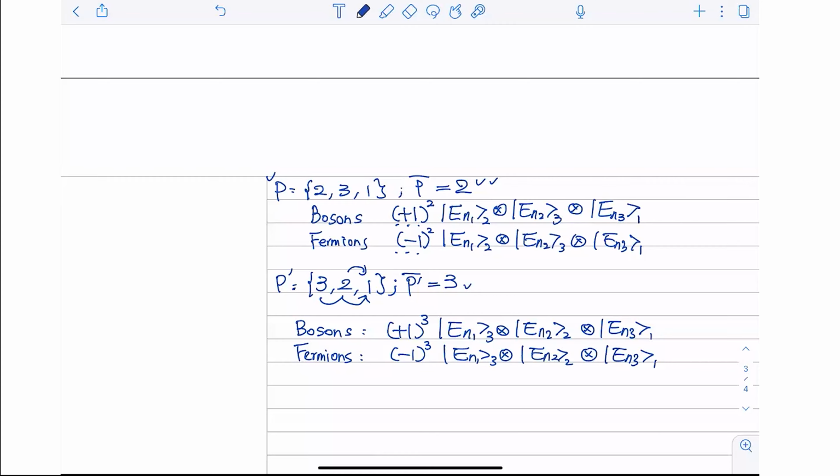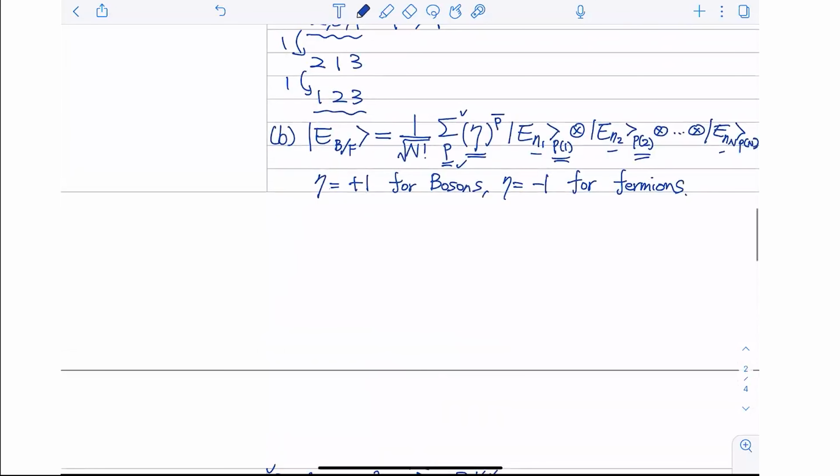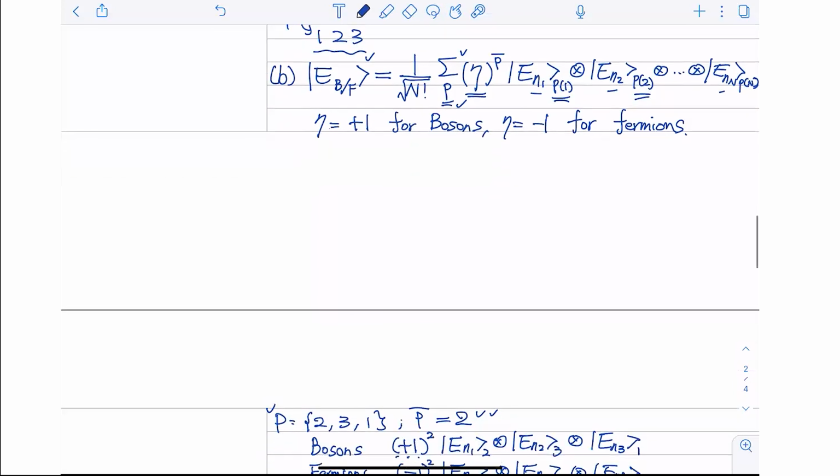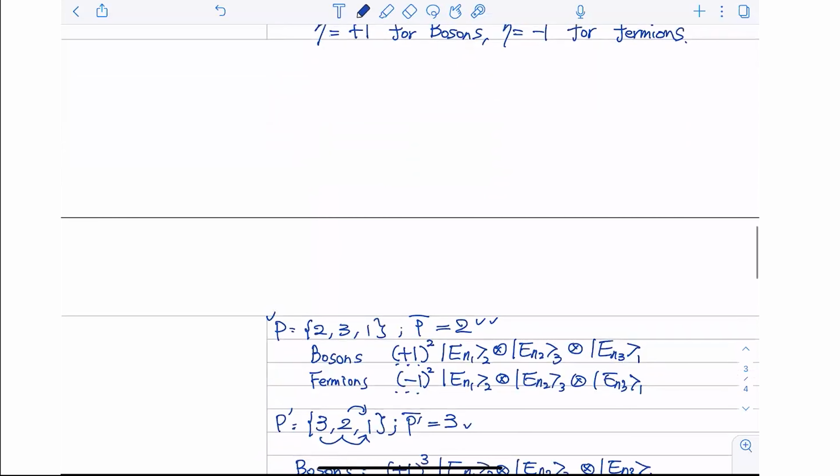So in the expression of the wave function, the bosonic wave function is fully symmetrized because no matter what kind of permutation you use, you always have a plus sign. But for the fermionic system, the case is a bit different: when you perform the odd permutation, the wave function actually has a -1 factor.